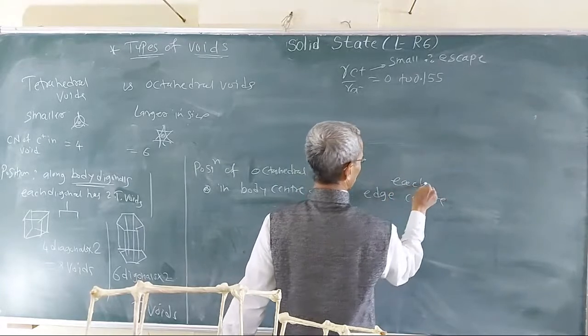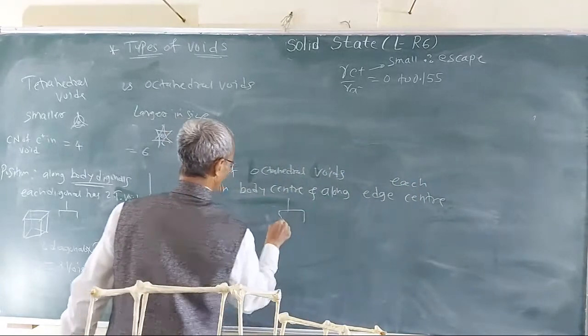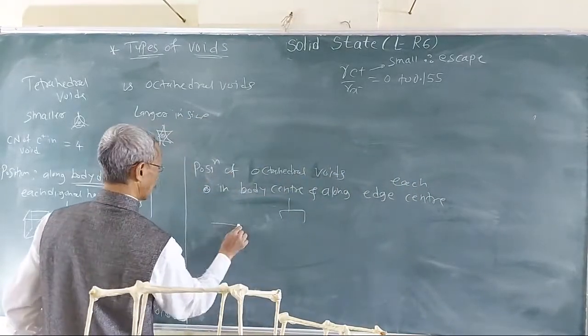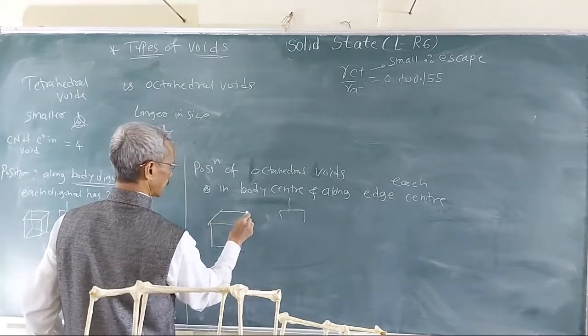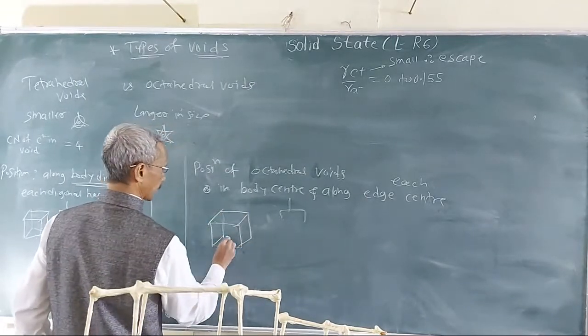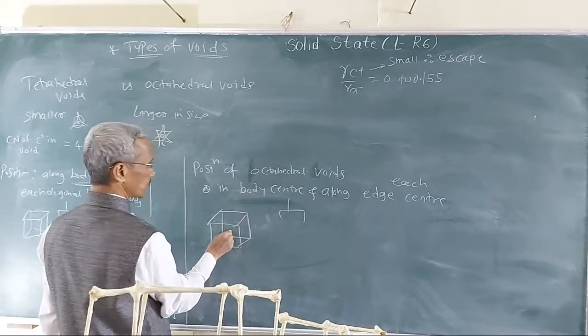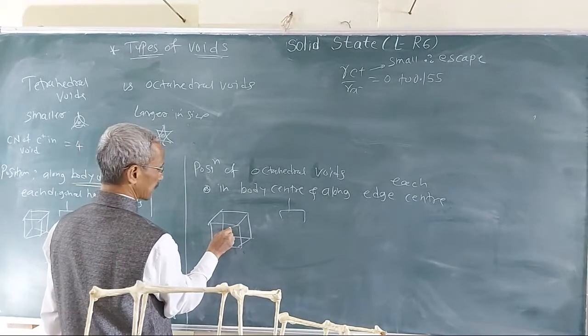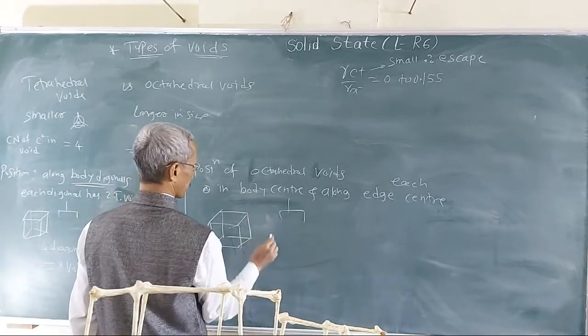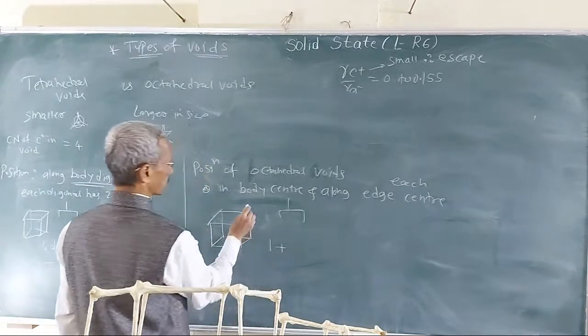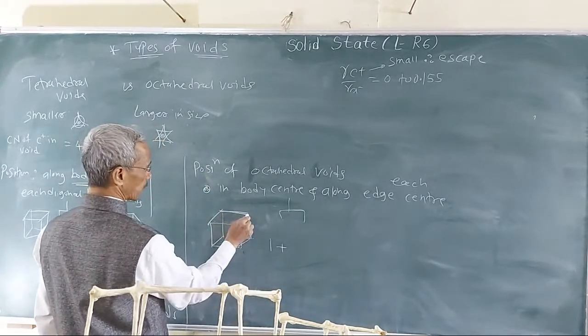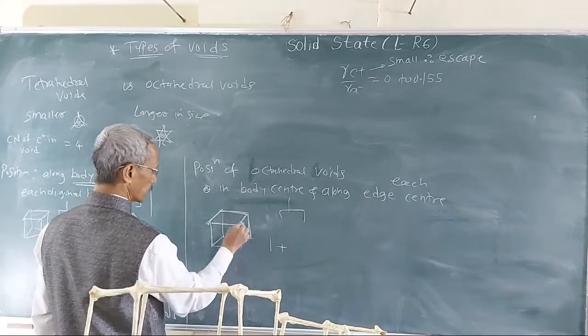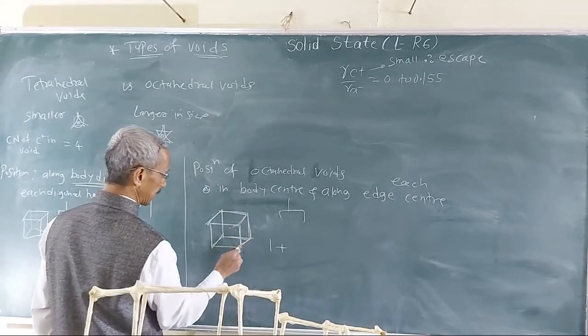Each edge. If you consider the cube, then how many? If you consider there is a body center, there is only one. Okay, so here is a 1 plus, how many edges are there? 1, 2, 3, 4, 5, 6, 7, 8, 9, 10, 11, 12.